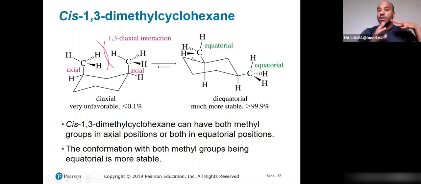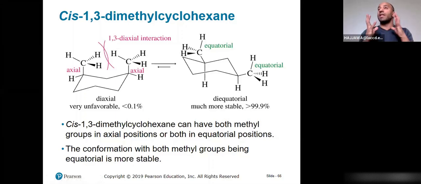When it's not telling me what direction the two groups should be, I can place them both up or both down, because both of these conformations will result in the cis structure. So the equatorial-positioned one will be the most stable one.